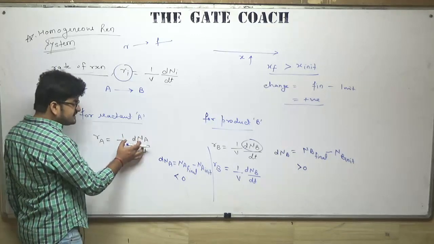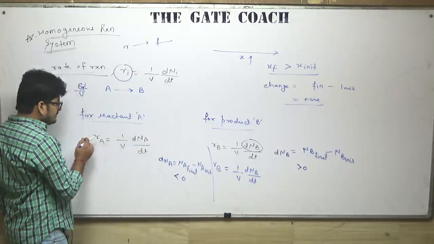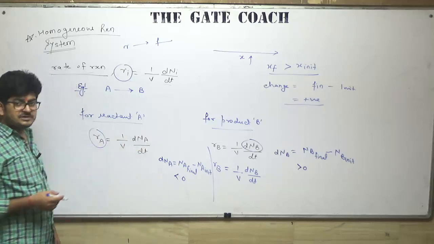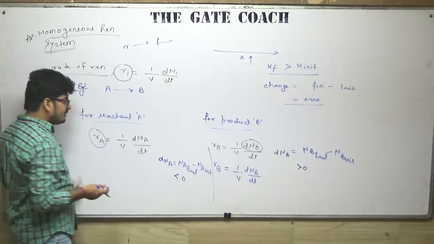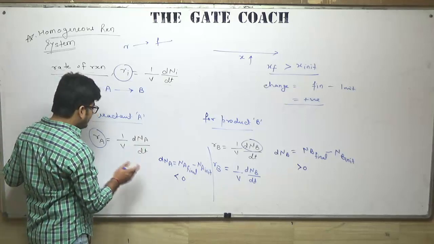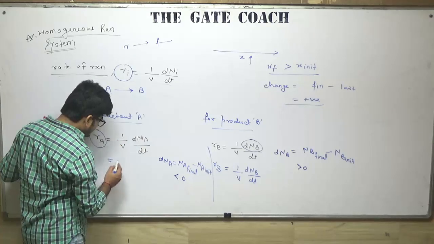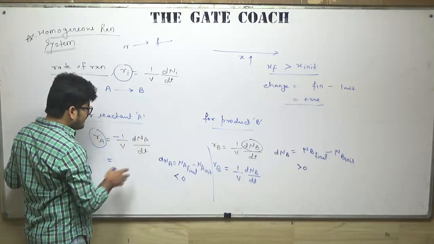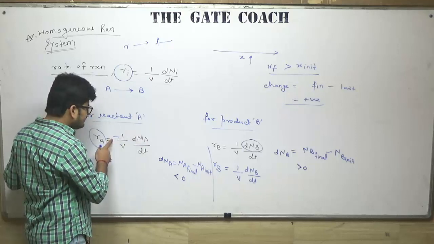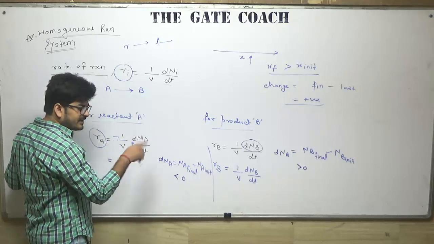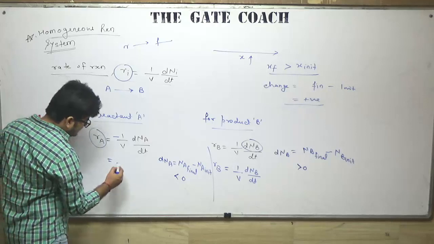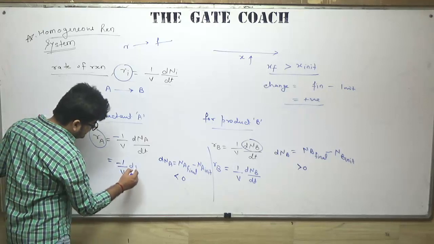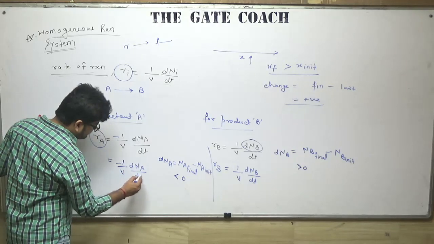Since dNa is negative and rate has to be positive, we will use a minus sign here to compensate the negative value of dNa. The negative of a negative becomes positive. So we can write it as minus 1 upon V dNa over dt.